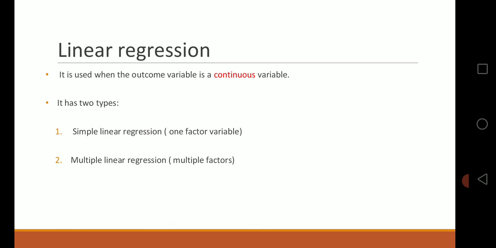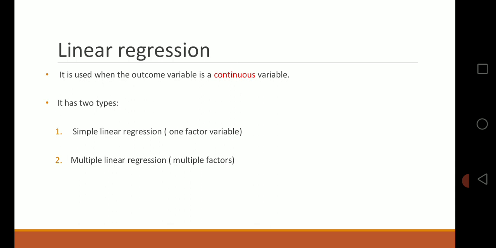It is the variable that we want to assess, and we want to know whether this variable is affected by other variables or not. We want to predict or assess the causes that are affecting this variable. This variable we call the outcome variable.